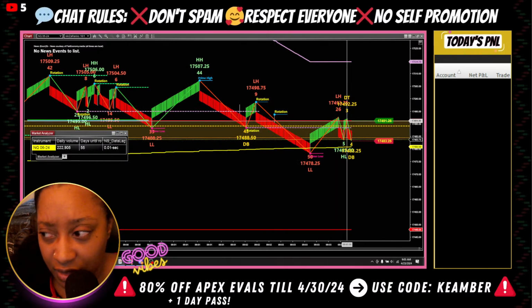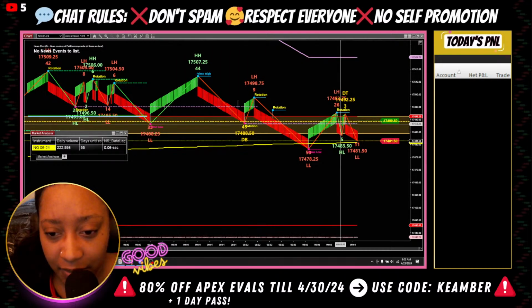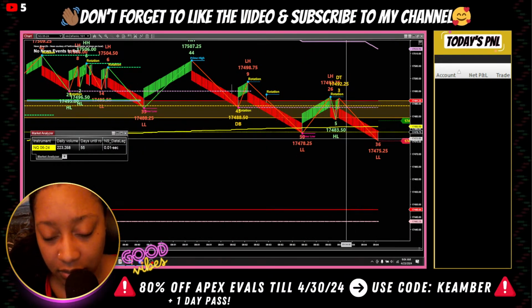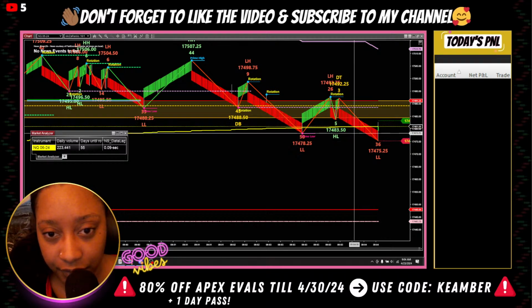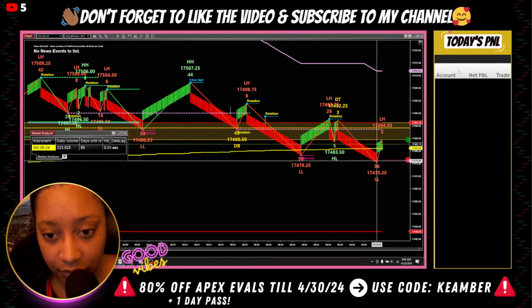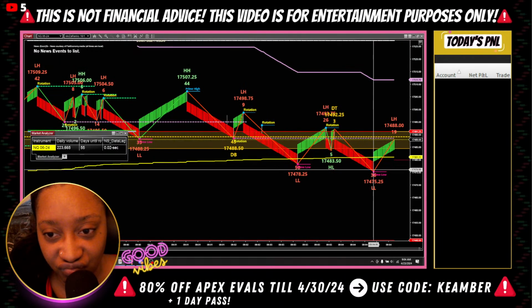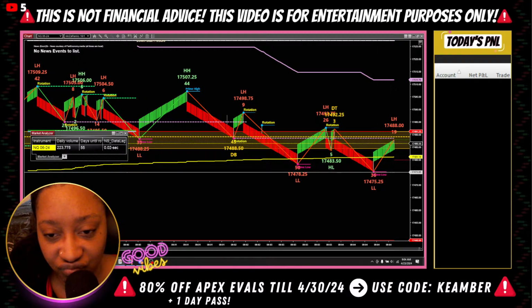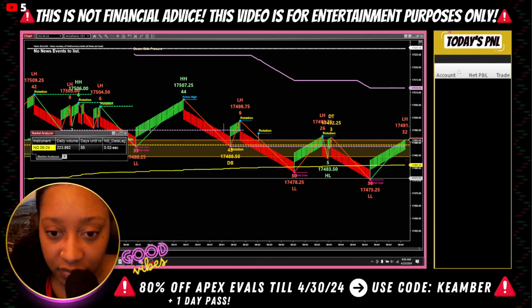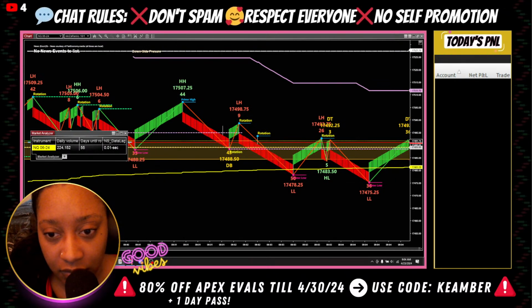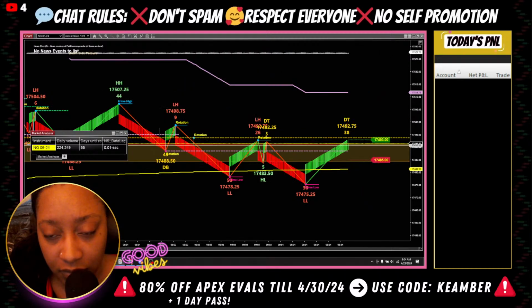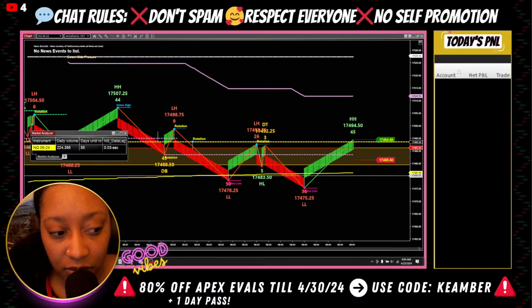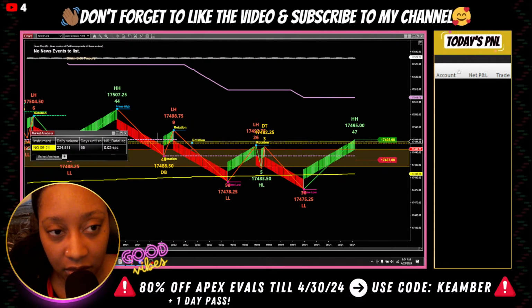Yeah, didn't really take this trade because that's at the top of that zone right there. All right. But yeah, so we'll see if we get anything today.